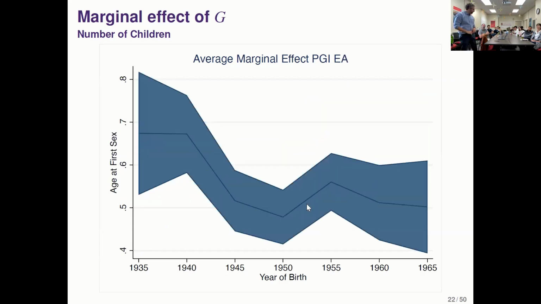For age of first sex, if anything, there is a bit of a declining effect of genetics over cohorts. It was more important among this cohort, and became less important starting from here.